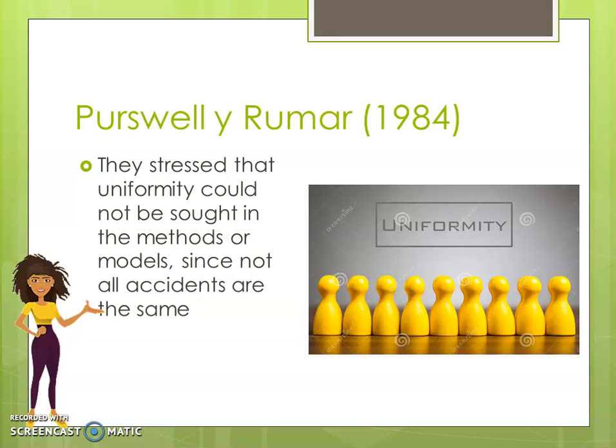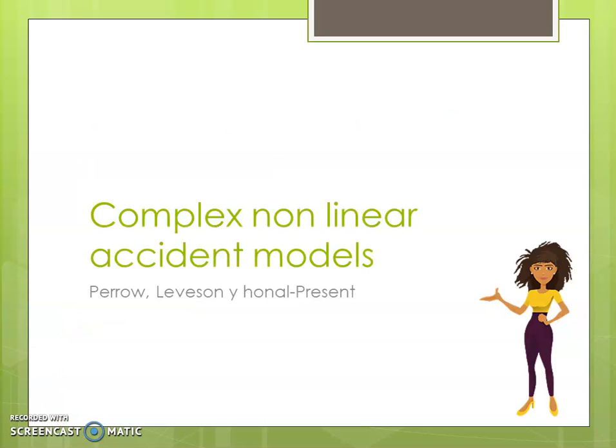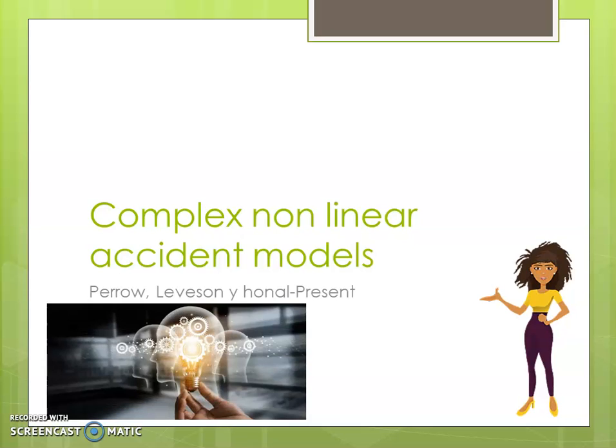Finally, there are the complex non-linear models. These models open our minds, making us realize that not all systems are linear, because currently there are many channels in the system and they react in unexpected ways, which makes the investigation more complex. It has two models: the system theoretic accident model and processes, and the functional resonance accident model.